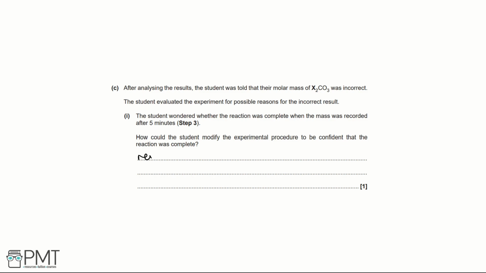So this is a very common practical question, and the answer is that you reweigh to a constant mass. When it's a constant mass, that means that no more carbon dioxide is being produced, and so the mass is going to stay constant and your reaction is fully complete.